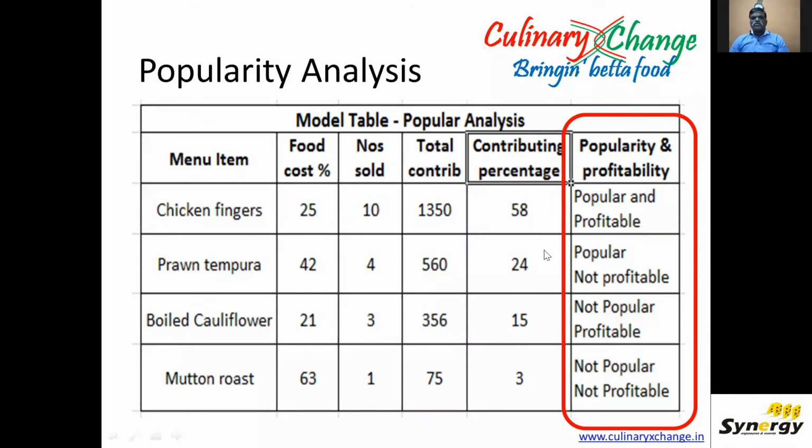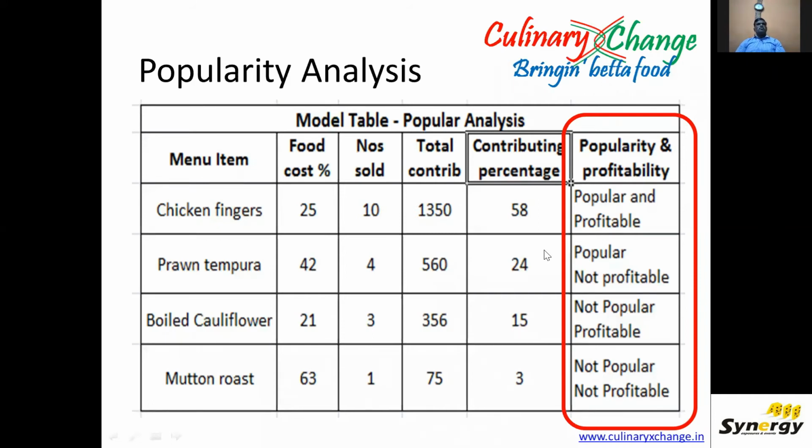Okay, so if you have sold 100 products, 58 are this particular product. So chicken finger is actually contributing more, so it is definitely a popular product.